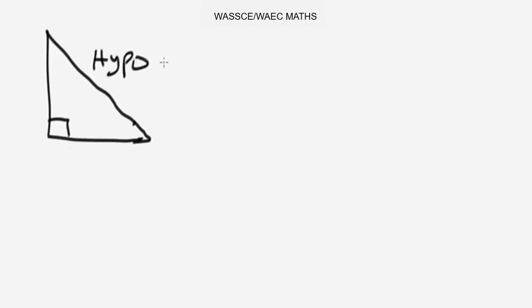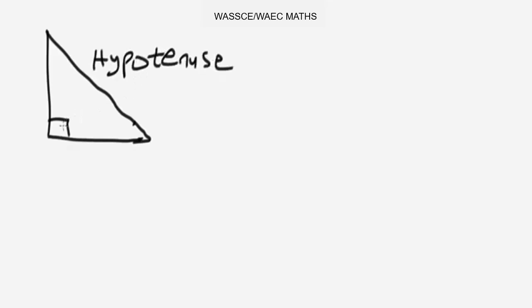Now let me draw a right angle triangle to show you the sides of a right angle triangle and what they are called. Let's say this is a right angle triangle. The longest side is usually called the hypotenuse.